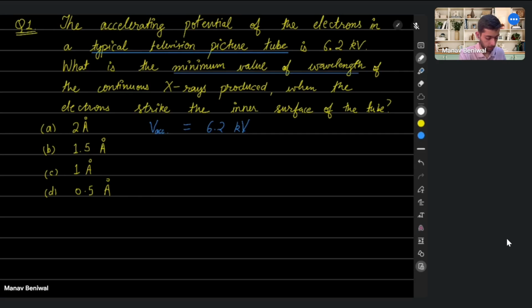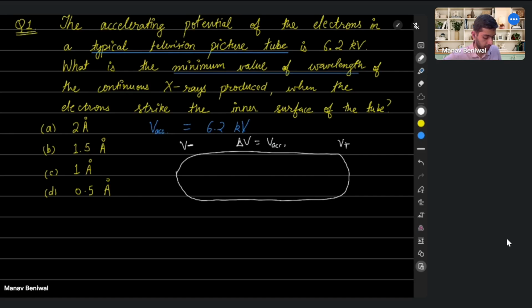So let's say we have a tube like this, and then we have an accelerating potential applied here. Let's say this is V minus, this is V plus, and the potential difference delta V, that is V acceleration, which is nothing but 6.2 kilovolts.